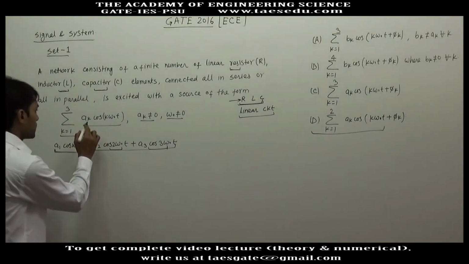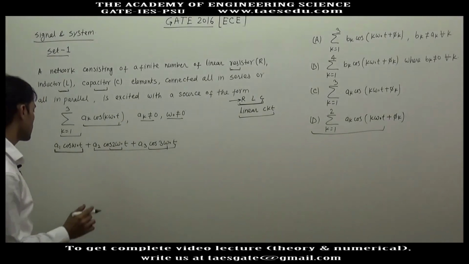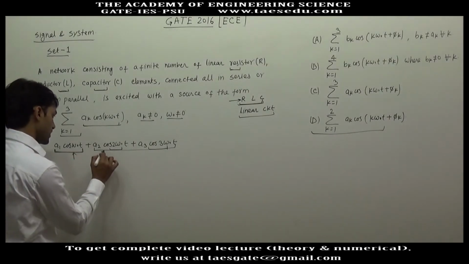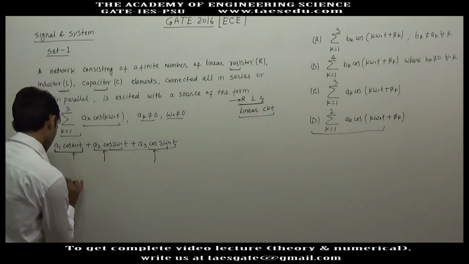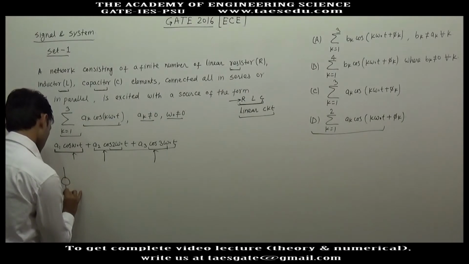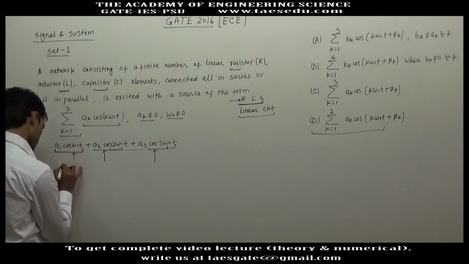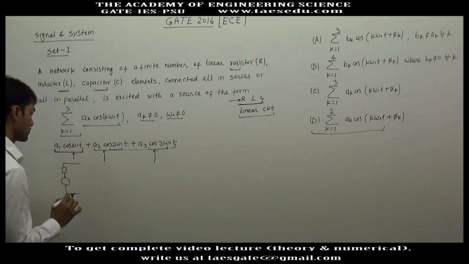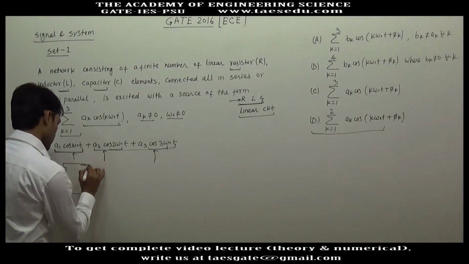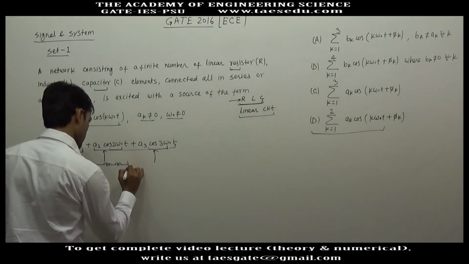Now we have to find out the output across a resistor where we have three inputs, the sum of three inputs in a circuit. The source has some impedance. This is the impedance of the source, and we have resistances, inductances and capacitances.